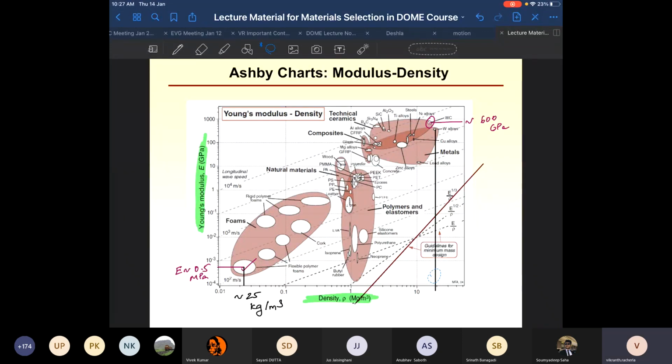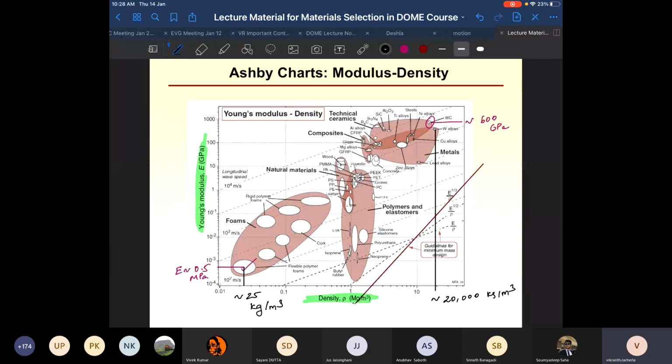It is close to 20,000 kg per meter cube. So you can see the kind of range that you're dealing with. The most dense material is about 10,000 times denser than the lowest dense material amongst the engineering materials.